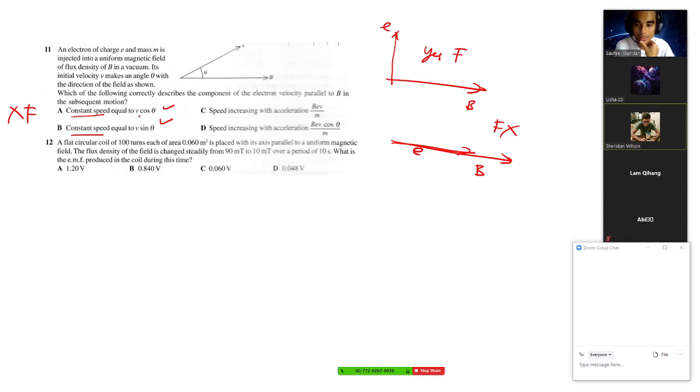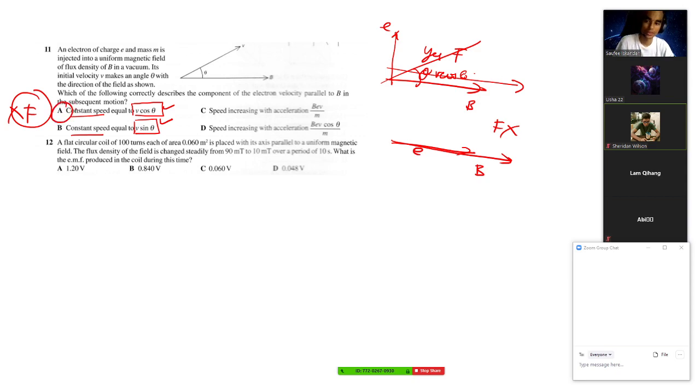So we have two choices, either cos or sine. Which one says that F is 0? Cos. So V cos theta is showing that it was moving in the same direction as B. So the answer is A.